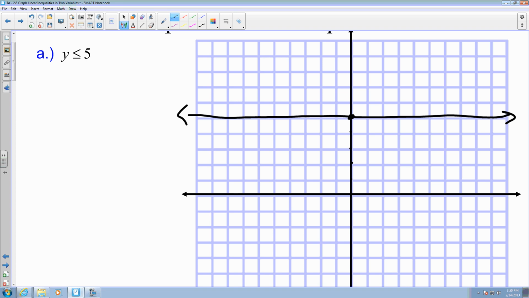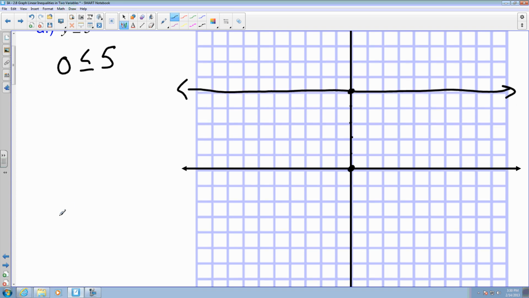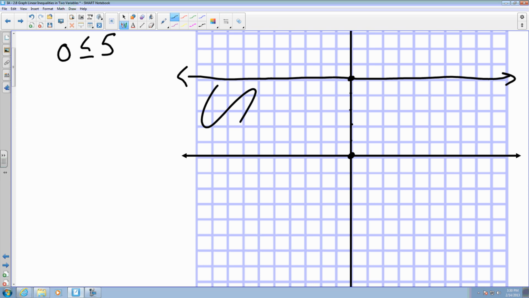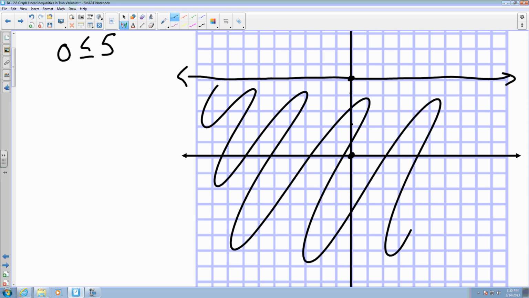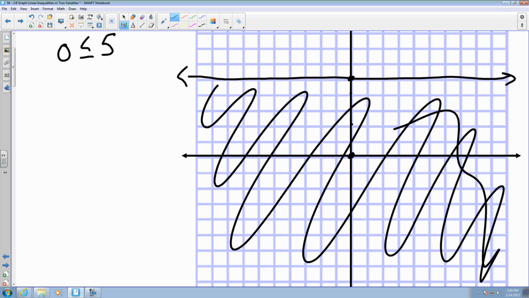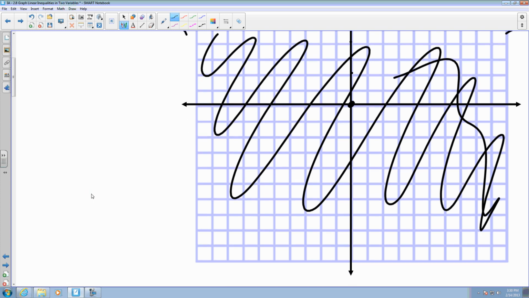From here, I need a test point. So I'm going to use 0, 0 as my test point. I substitute in 0 for y and see if this statement is true. This statement is true, and since it is, I get to shade along the side of the boundary line where my test point was located. If it was a false statement, then I'd have to shade on the other side. Okay?